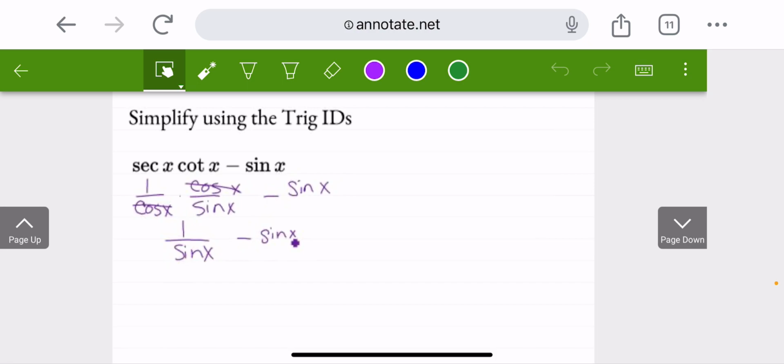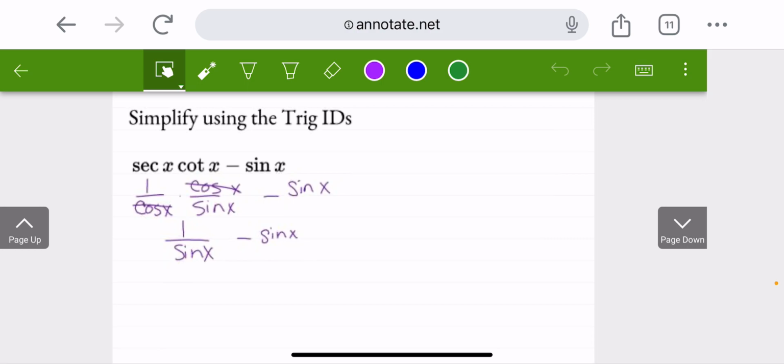And I'd really like to combine those together. When we have fractions and I want to combine them together, what do they need to have? A common denominator. Exactly right. If I would like it to have a different denominator, what if I wanted a denominator of 3? We'd multiply by 3 over 3, or 4 over 4.